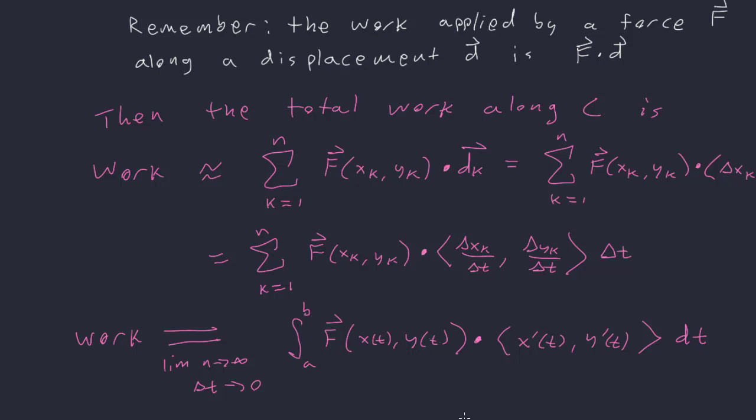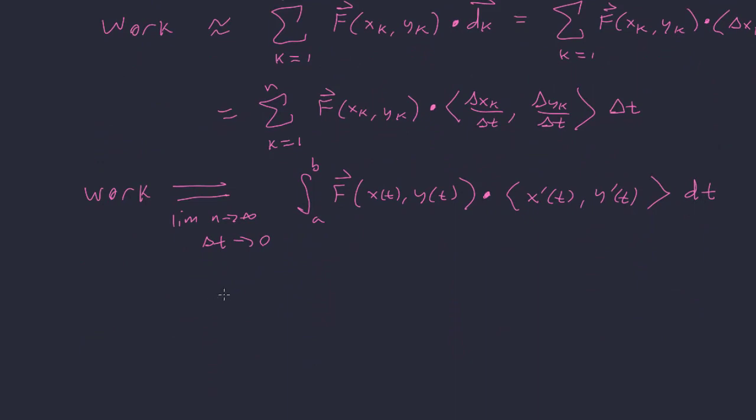I think a simpler way to write this would actually be the integral from a to b of capital F of r, and I will drop the of t, so it's just capital F of r dotted with r prime dt.